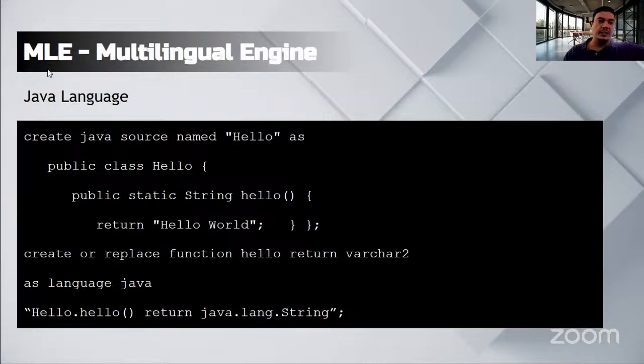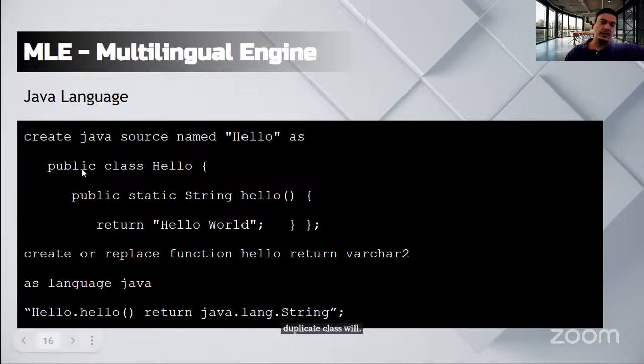And the multilingual engine extends the PL SQL functionalities using other languages. In this example, this code creates a Java source inside the database. You can use Java programming inside the database in this way, using this syntax: create Java source named hello as public class hello.